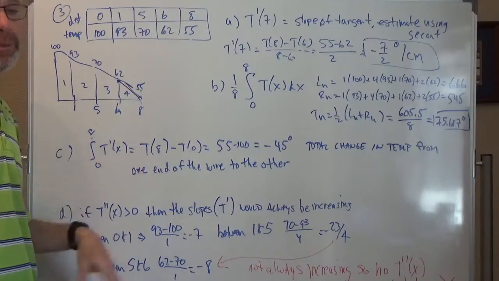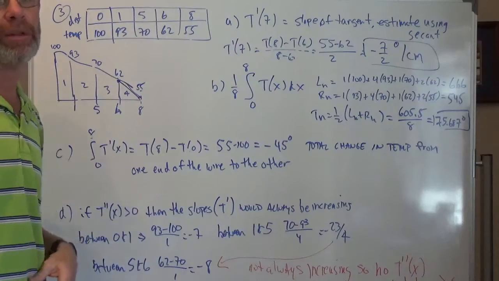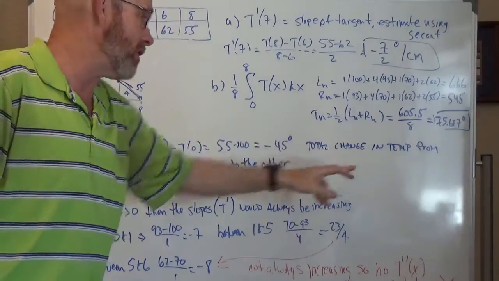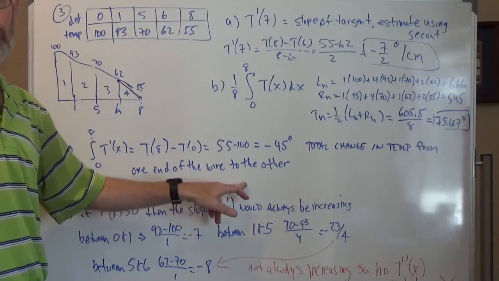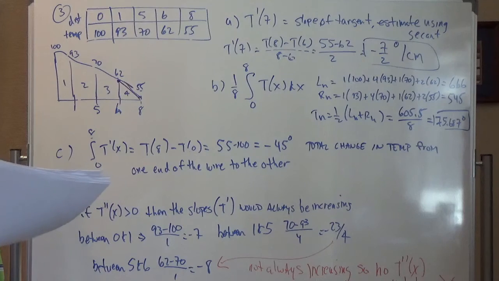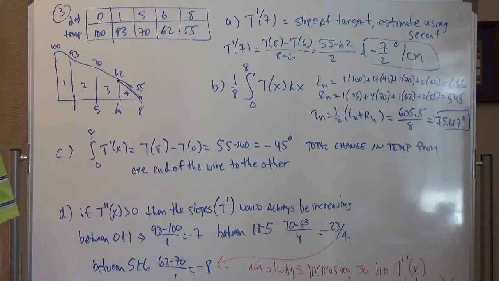If it's a speed, you get total distance. If it's shoveling snow, which there's a problem later coming to that, it's the total amount of snow. So in this case, it's the total change in the temperature from one end of the wire to the other. If you're grading that one, two more points: 1 for getting this right and 1 for getting your explanation right.